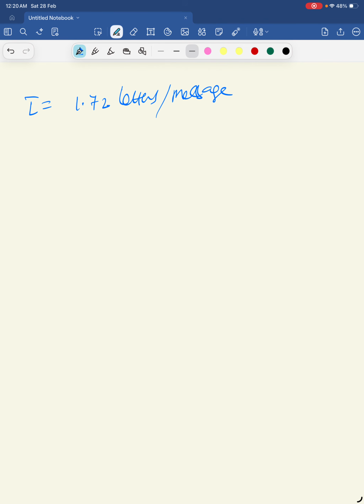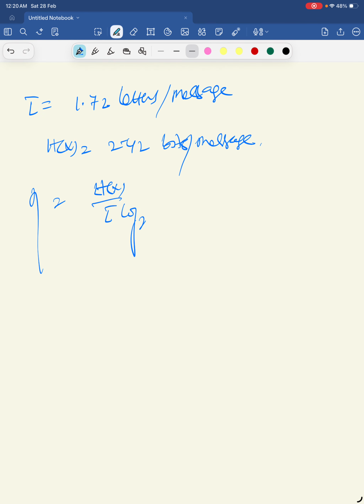Okay, and H(X) is always the same. H(X) again here also should be 2.42 bits per message, because probabilities are same, so there is no change of entropy. So efficiency eta should be H(X) by L bar log to the base 3, because to the base m, so that will give you 2.42 by 1.72 into log 3 to the base 3.